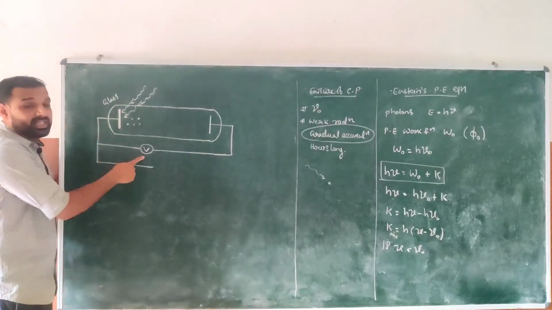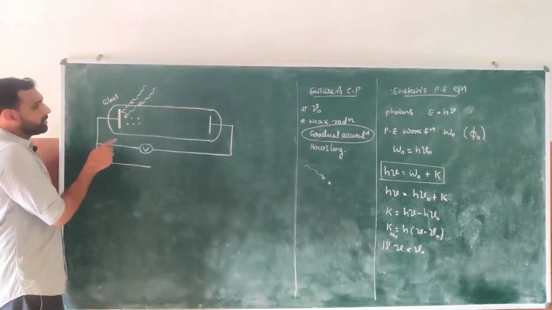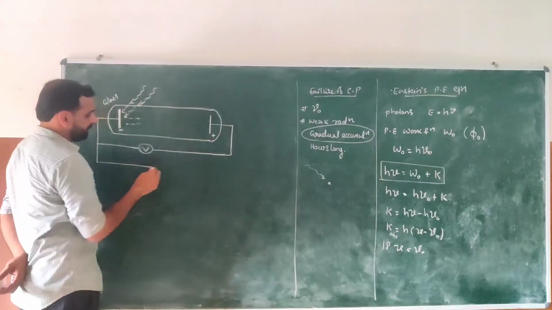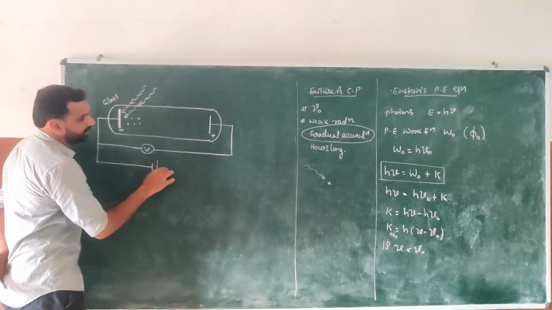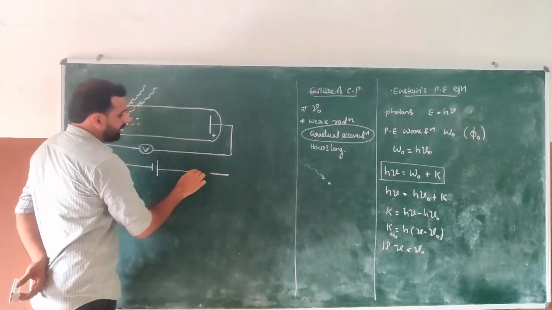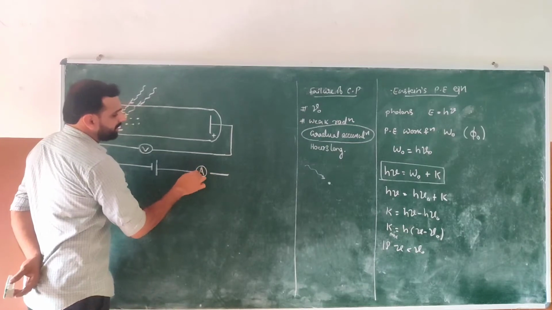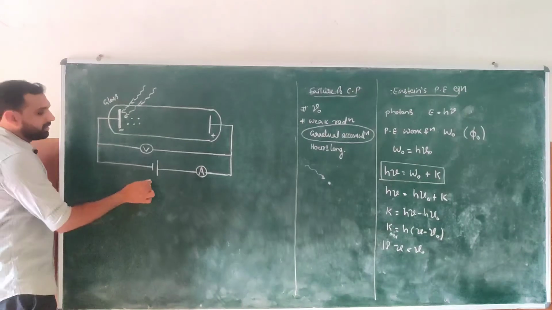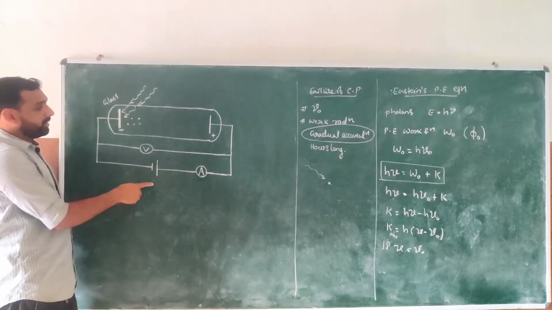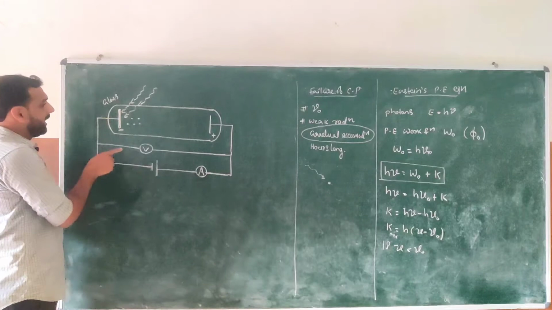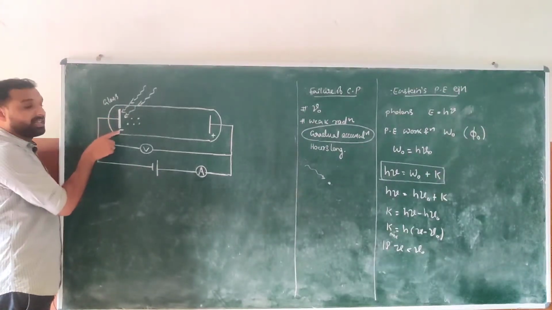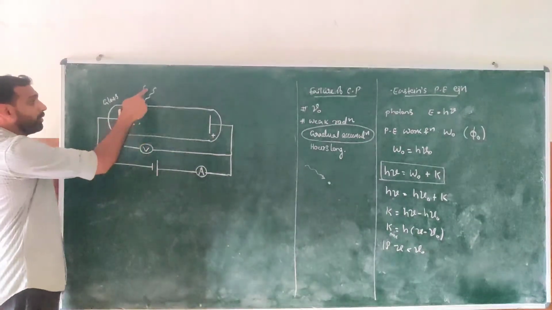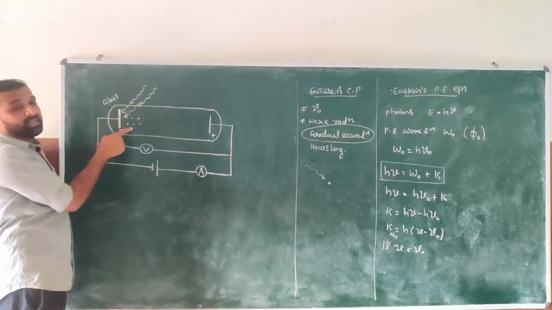If I give this as negative and this as positive, like this, and add an ammeter to measure the current, then some potential difference is applied, with this metallic surface at the negative terminal and this at the positive terminal. When the radiation falls, electrons will be ejected.